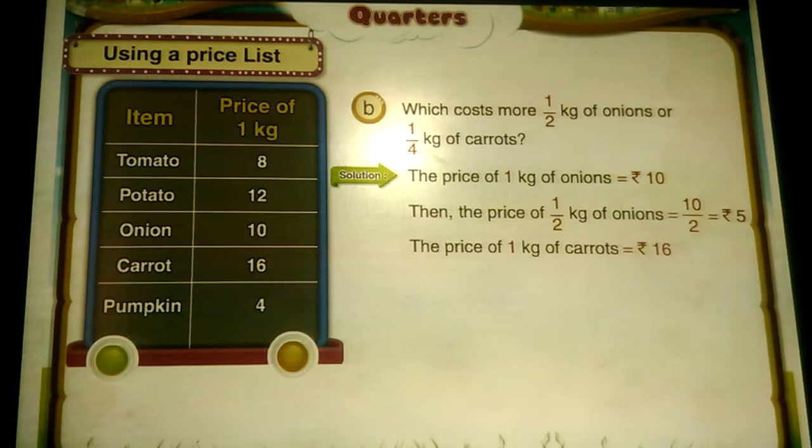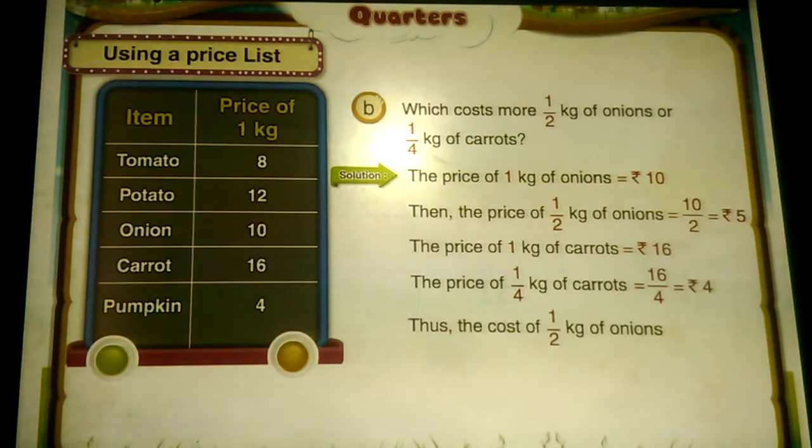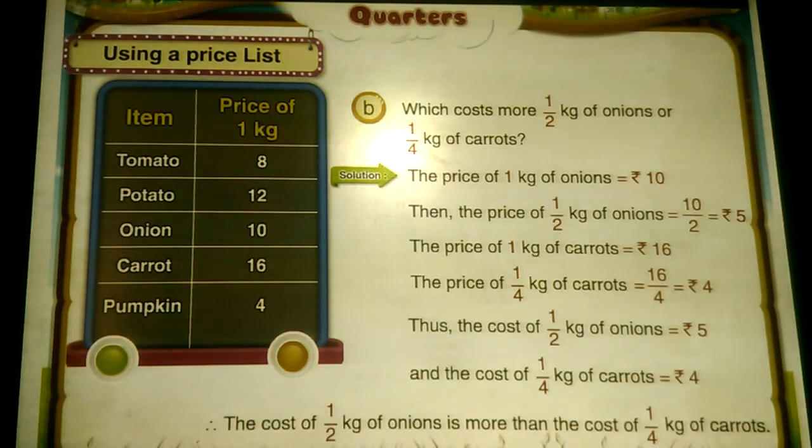Therefore, to find the price of 1/4 kg of carrots, we will have to divide 16 by 4. 16 divided by 4 is equal to 4. Thus, the cost of half kg of onions is rupees 5 and the cost of 1/4 kg of carrots is rupees 4. Therefore, the cost of half kg of onions is more than the cost of 1/4 kg of carrots.